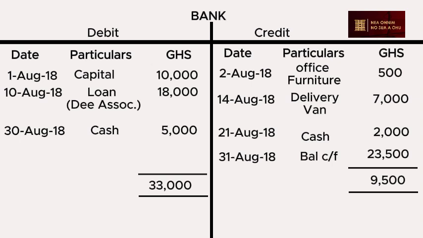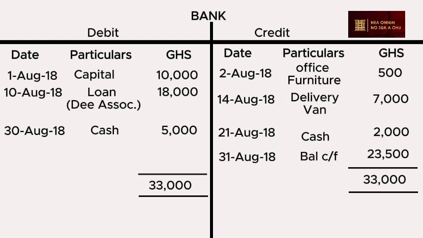Once we are done with that, we underline both sides, and the total for both sides is going to be 33,000 Ghana cedis. That's for both sides. Good. And then we double underline both sides.